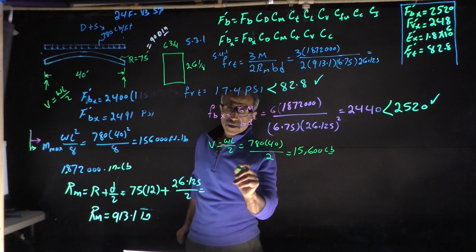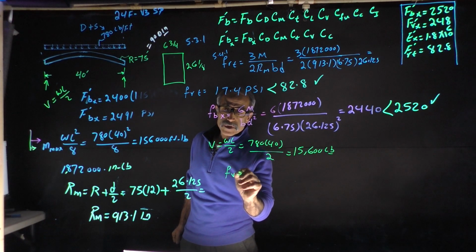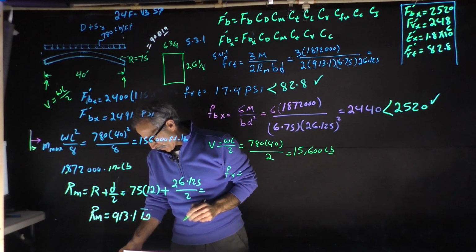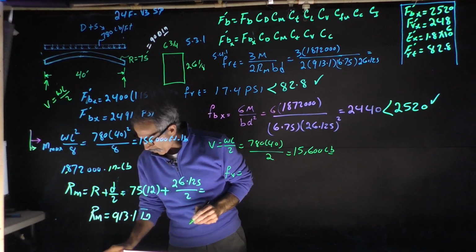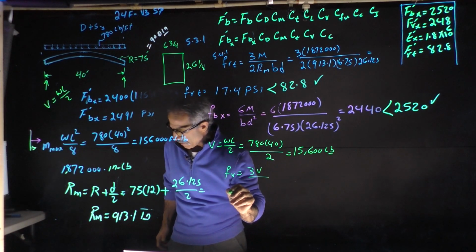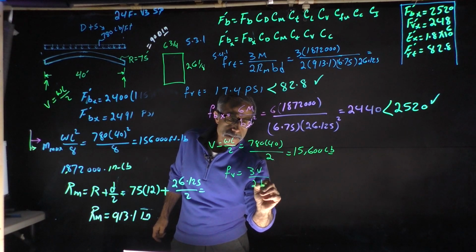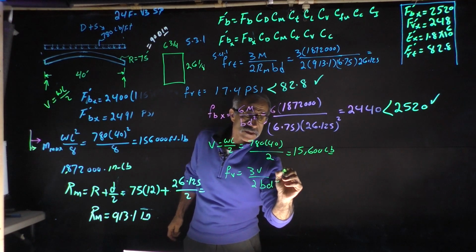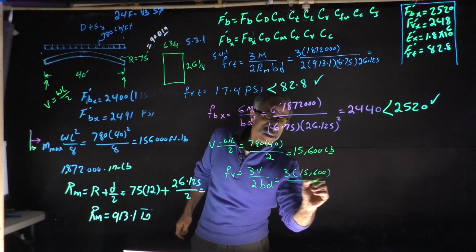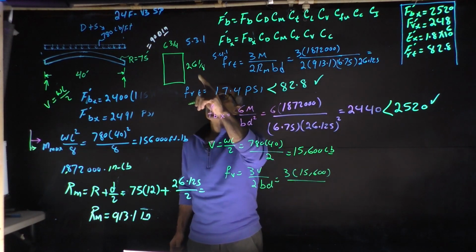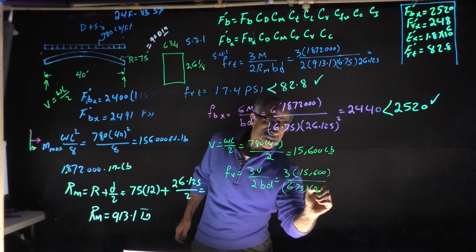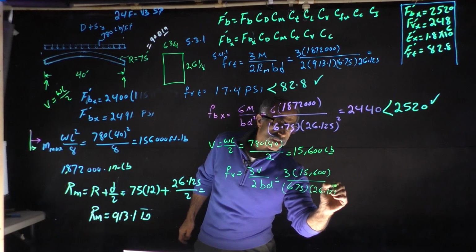Now we want to find the shear stress. The shear stress FV is equal to 3V divided by 2BD, and that's 3 times 15,600 divided by B, 6 3/4, multiplied by D, 26 1/8, which is 26.125.